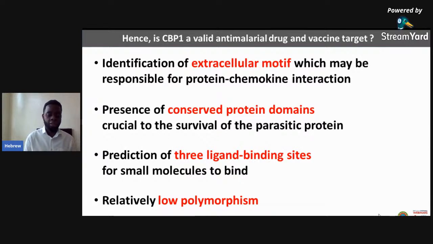And lastly, as I mentioned, it has relatively low polymorphism. As I said, it is a single copy gene, so it is a better drug or vaccine target over time as compared to multiple copy genes, such as PfEMP1, which is also an adhesin like CBP1, but is characterized by more variation as opposed to CBP1.